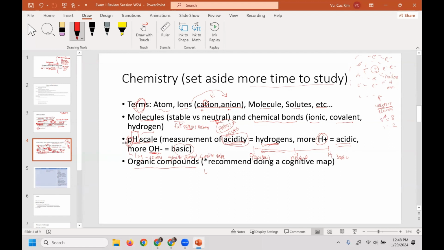Come on, 4 main basic organic compounds. Carbohydrates. And they gave us all 4. Carbohydrates, lipids, I gotcha. Proteins, and not nucleotides, but nucleic acids.